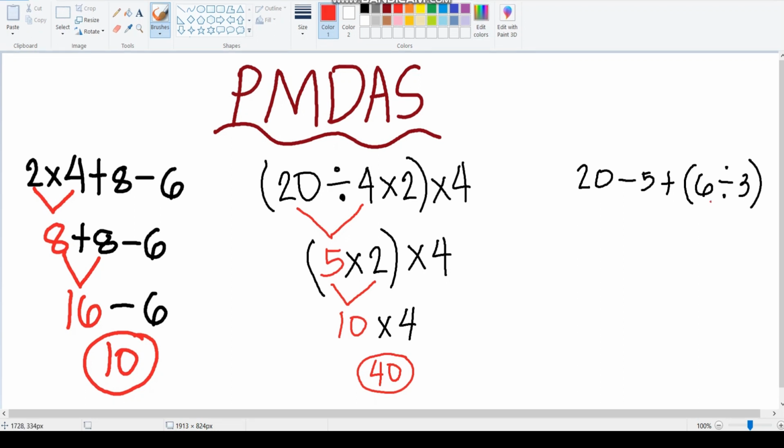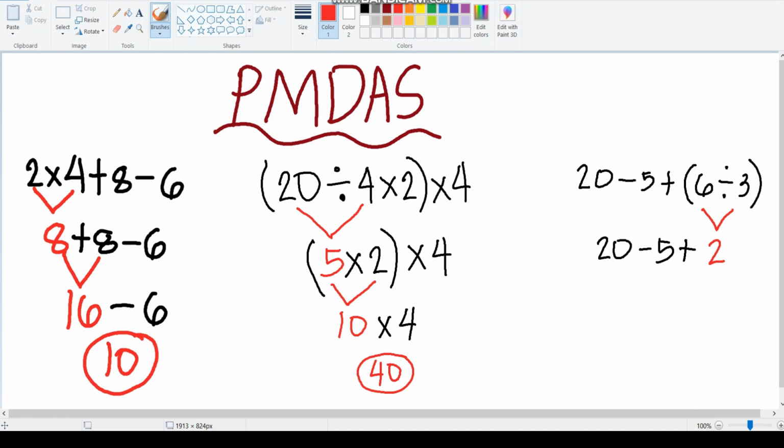We have 6 divided by 3. The answer is 2. Now, what will happen to the rest? Even though they are at the left side, we will still copy the remaining operation and numbers. So we have 20 minus 5 plus 2. No need to copy the parentheses because we already simplify the expression inside the parentheses.